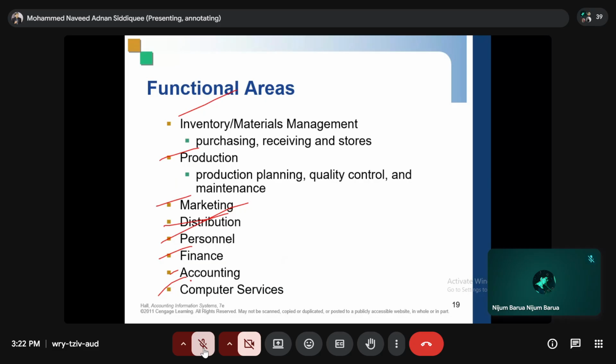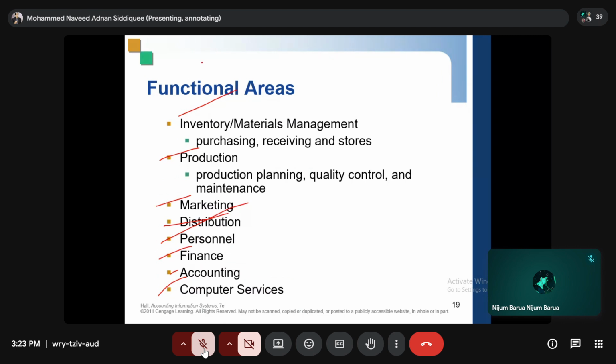To manage all of these functions, you need different types of accounting information. And all this accounting information is supplied by the accounting information system.